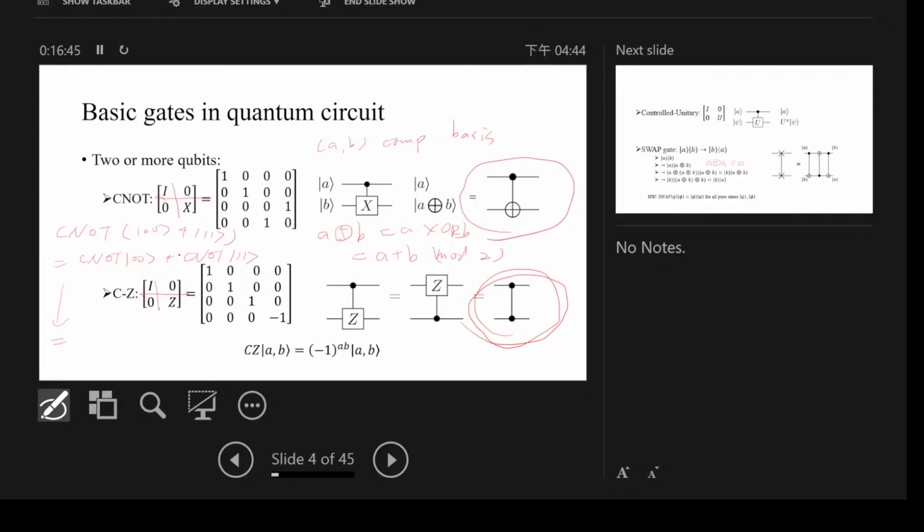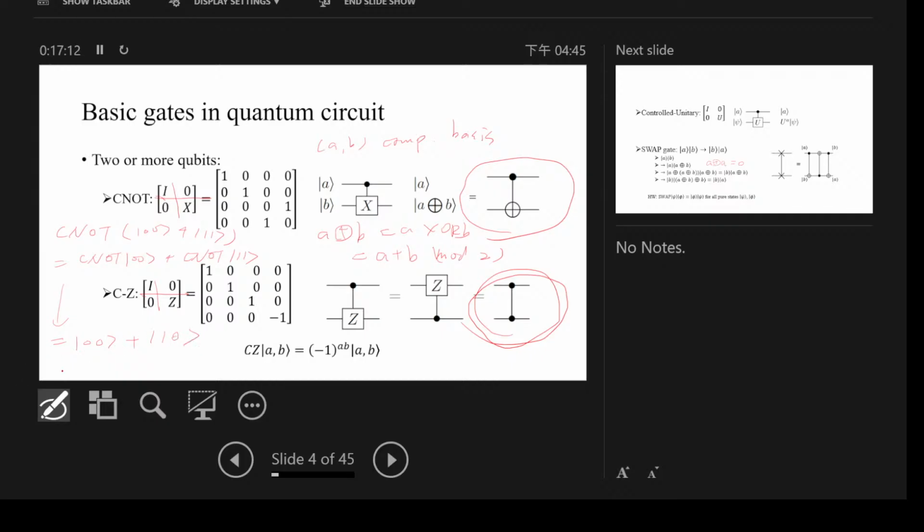Now 0 0 is a computational basis state, and 1 1 is also a computational basis state, so we can go by this rule. CNOT 0 0: because the first qubit is 0, nothing happens, it is still 0 0. And CNOT 1 1: the first qubit is still 1, and the second qubit flips to 0.